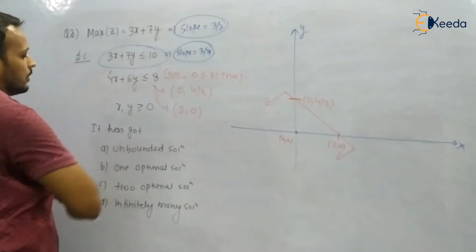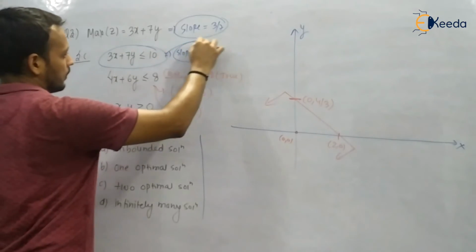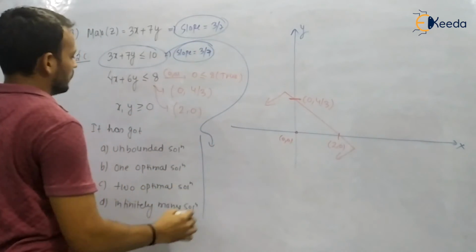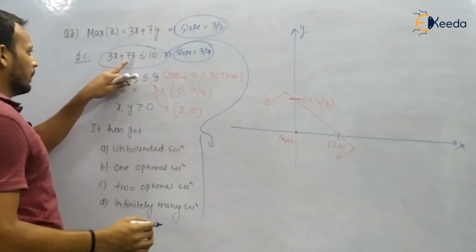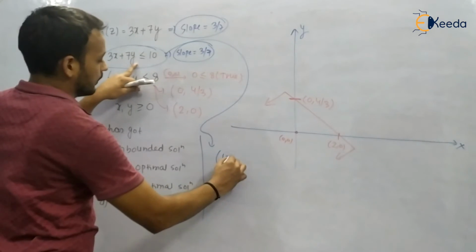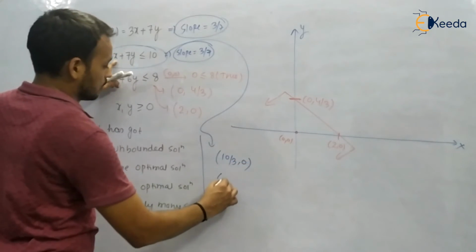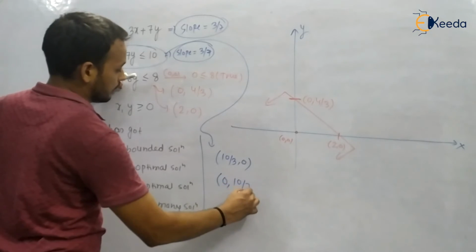Now plot the other constraint, 3x plus 7y less than or equal to 10. Put y equals 0, then x is 10/3, and when x equals 0, then y is 10/7.